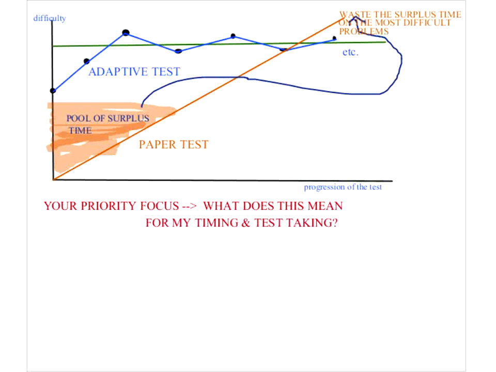All right, so getting away from the mechanics of this and getting into what this means for you as a test taker, let's make a contrast here. In the paper test column, again, we'll review, and then over here we'll talk about adaptive testing.